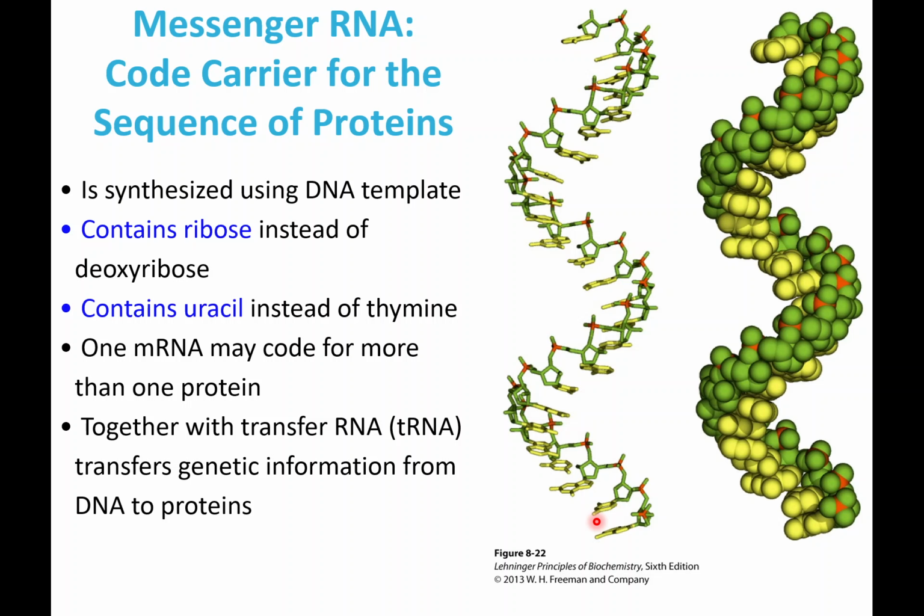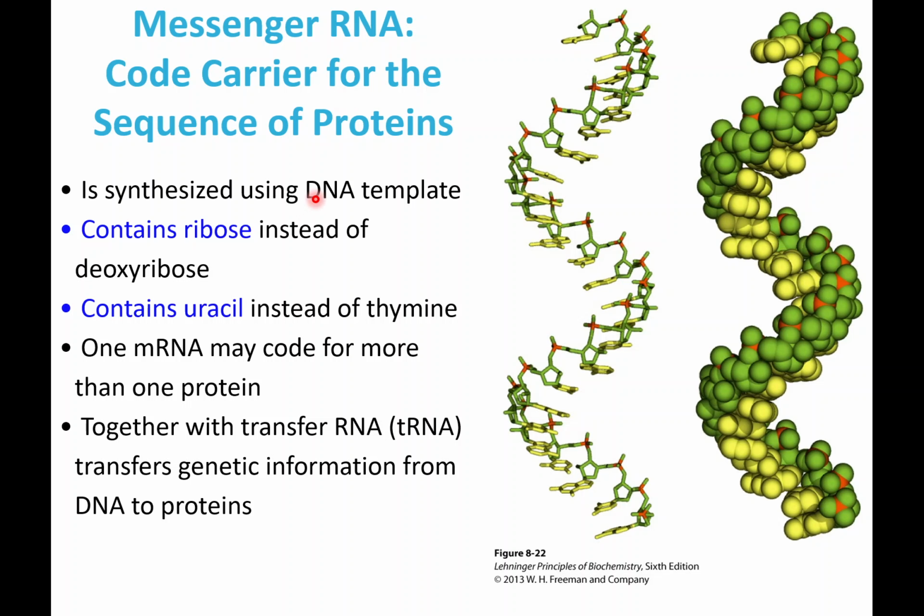Okay. Another nucleic acid molecule, all right, that was DNA. RNA is another type of nucleic acid molecule. Okay, and messenger RNA specifically is what carries the code for the sequence of proteins. So that carries this genetic code from the DNA to the ribosome to be translated into a protein.